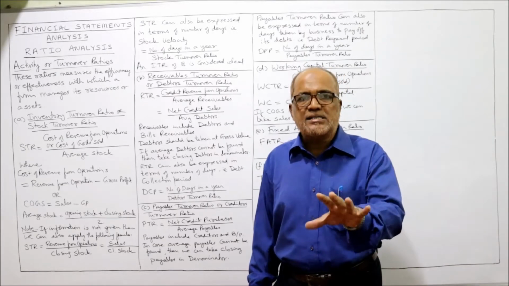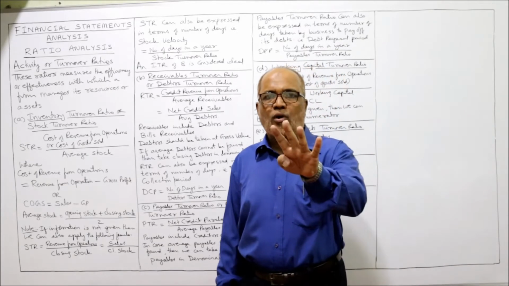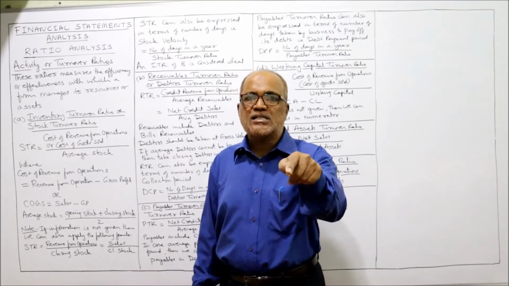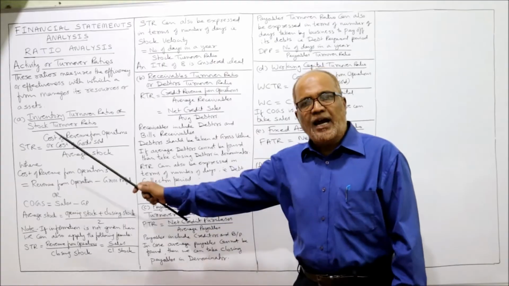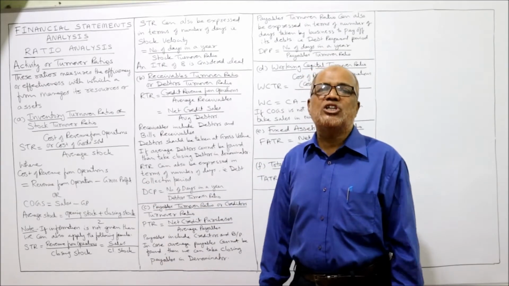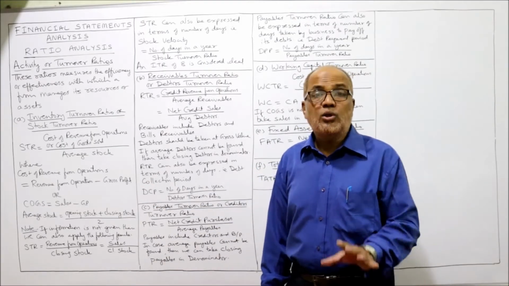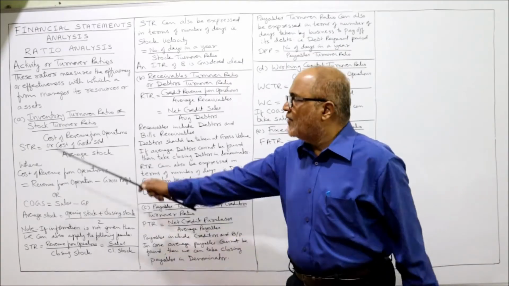Totally there are again 6 ratios. First 4 ratios in liquidity, 6 ratios in leverage or capital structure, and again 6 ratios in activity or turnover. So you have to remember all the formulas.